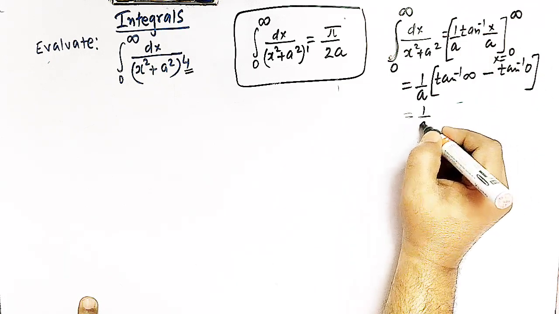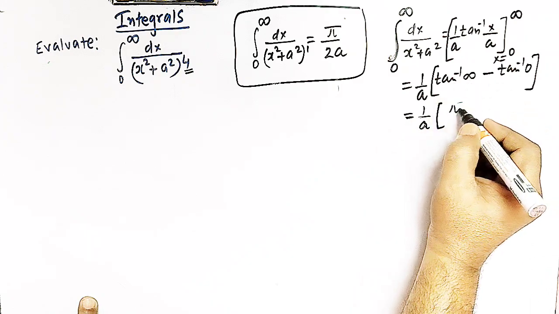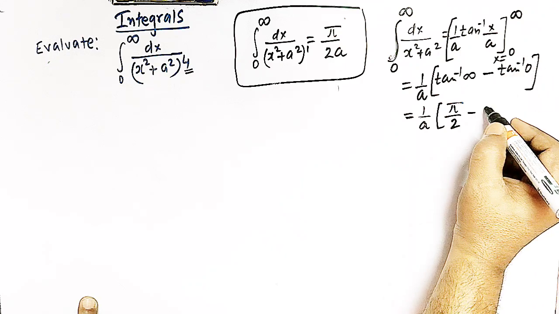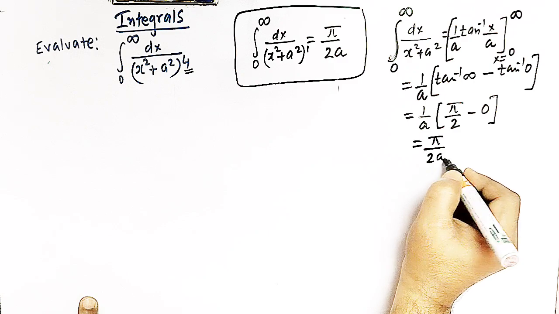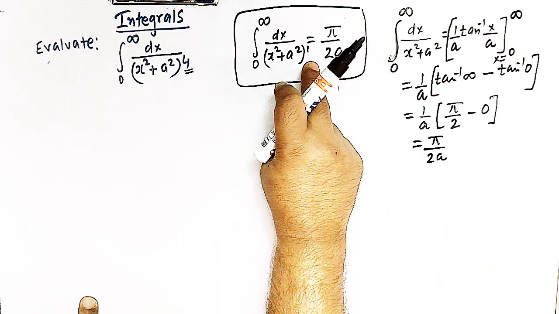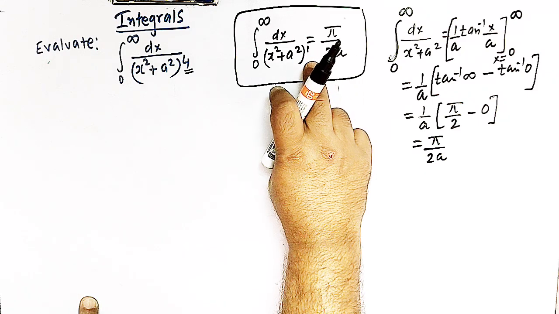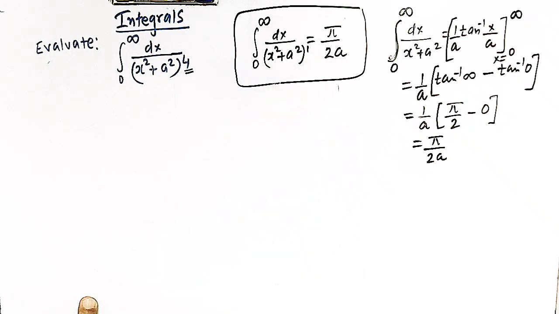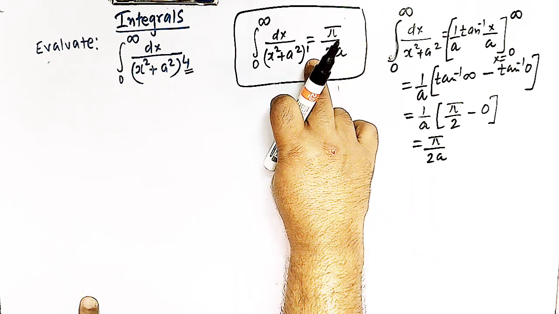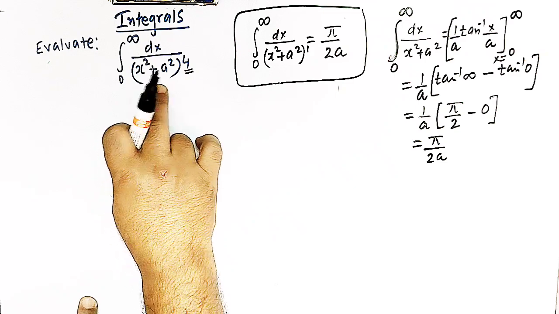We know that tan inverse infinity is pi over 2, and tan inverse 0 is 0. So here we have pi over 2a, right? This is an important result in integrals, and we can use this expression to derive other integrals also, right? So we'll now start with this expression to get the value of this integral.